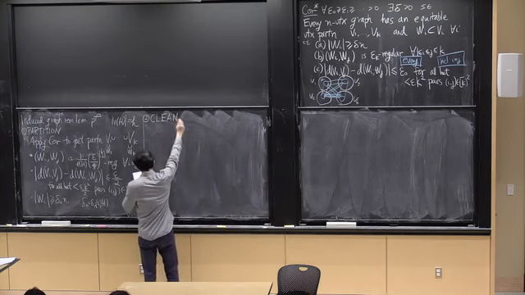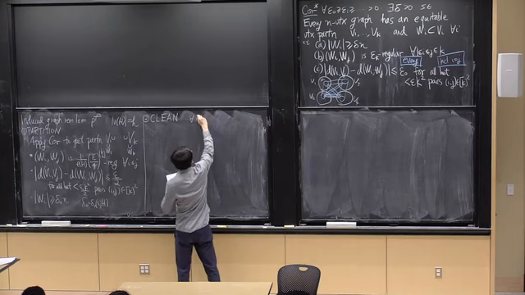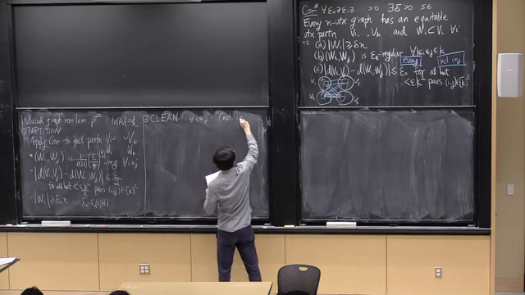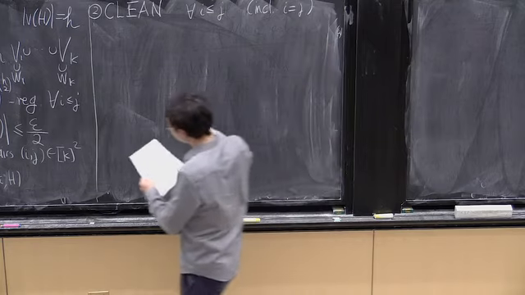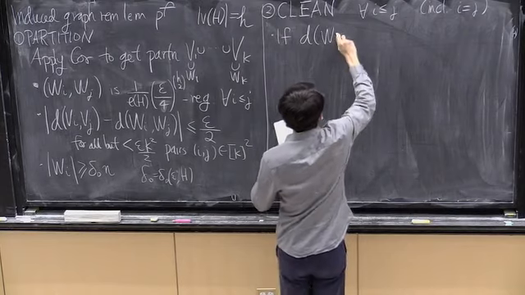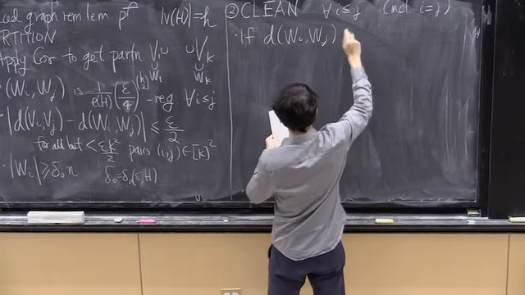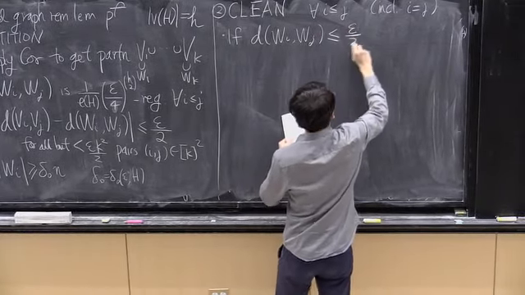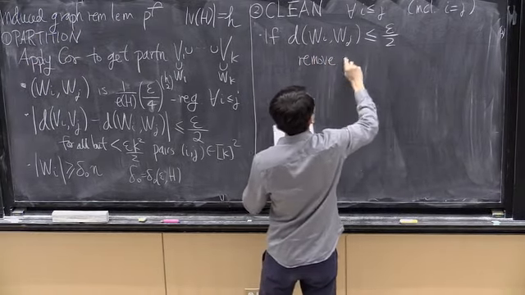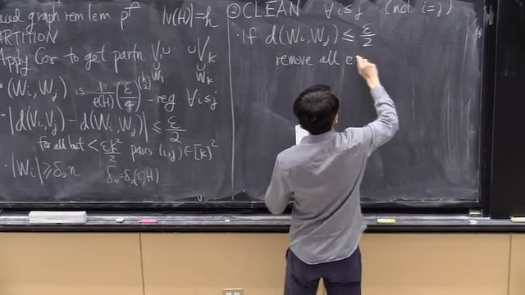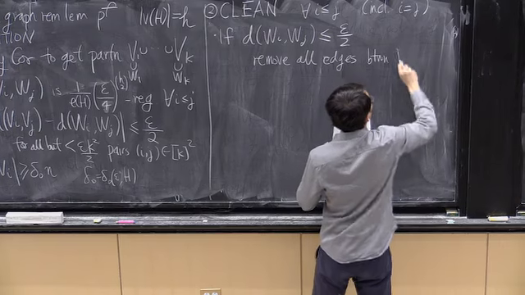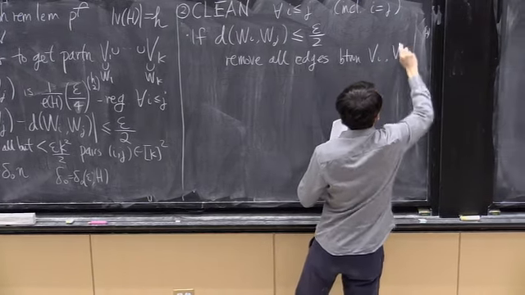And what happens here is that for every i less than j, and crucially including when i equals j, if the edge density between the W's is too small, then we remove all edges between Vi and Vj.